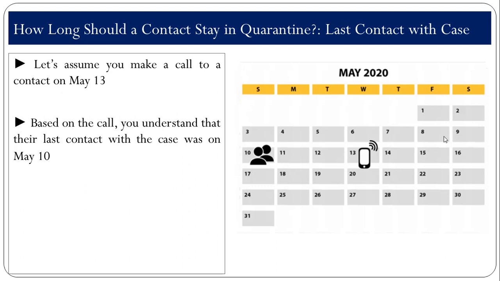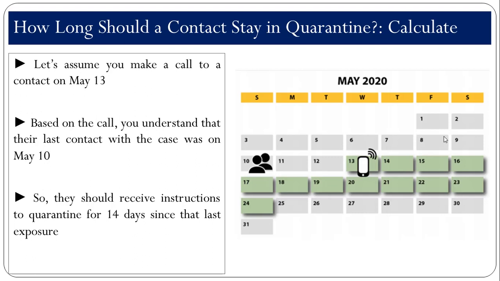On the call with this contact, you understand that their last interaction was on 10th May. If you recall, that is the second day of illness for the case, so they should receive instruction to quarantine for 14 days since their last exposure to their case.